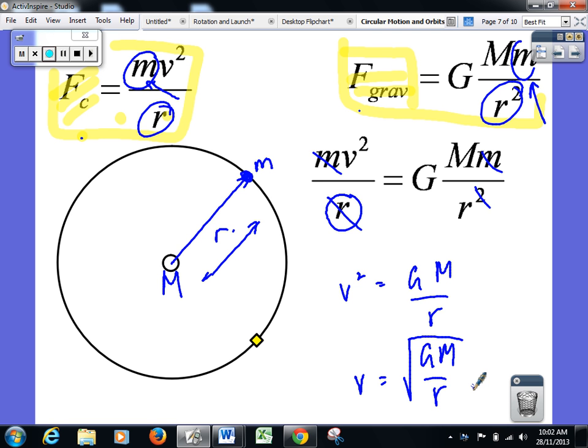Because this is a derived formula, it does not appear on the formula sheet for the HSC, so you either memorise it or know how to equate it and how to get it. It's very similar to another formula, and that's the reason why most of us just memorise it. Are we okay with that? Any questions?